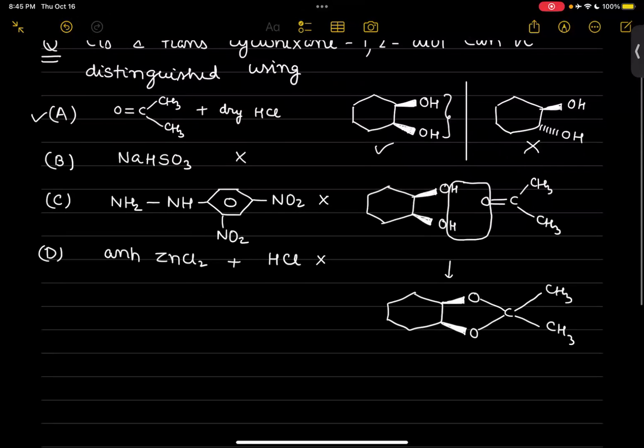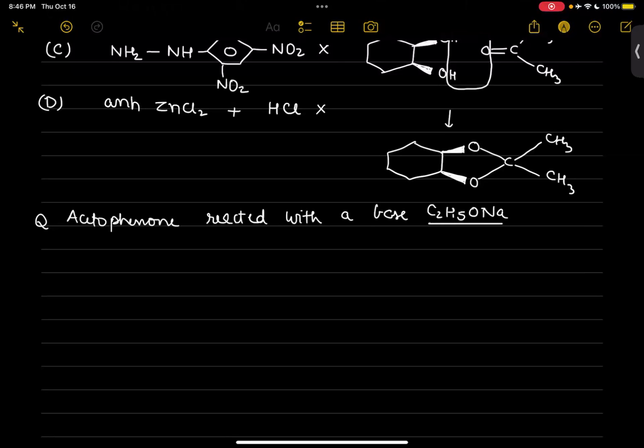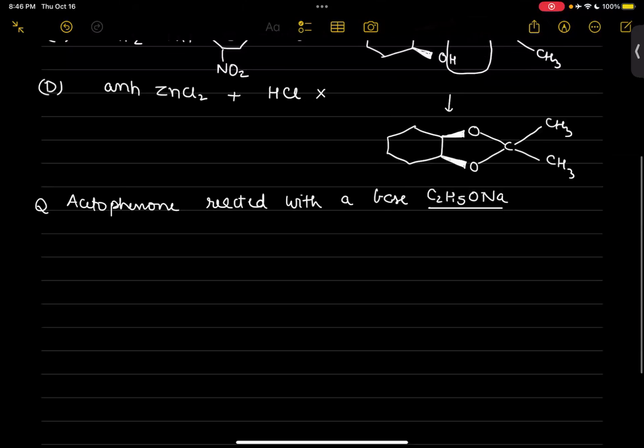So let's do another problem. Acetophenone is reacted with a base, and this is the base which is taken. It yields a stable compound.